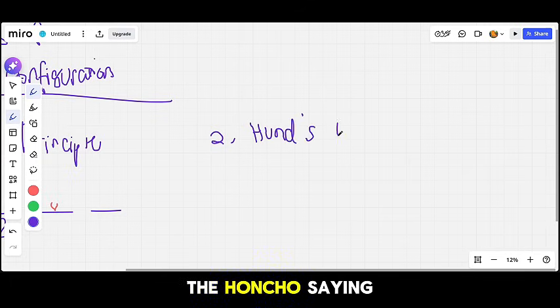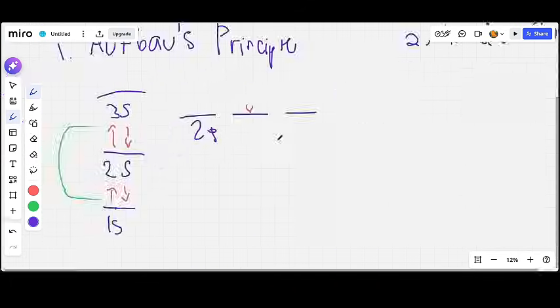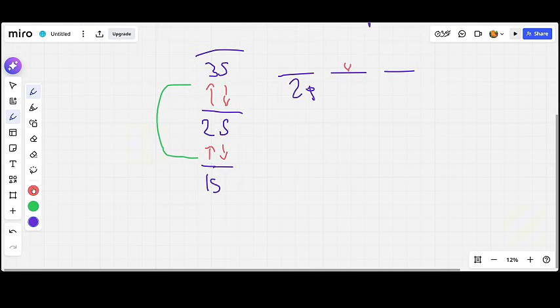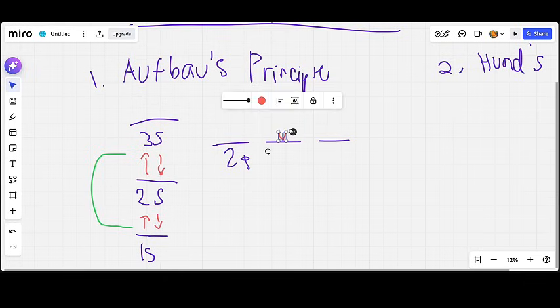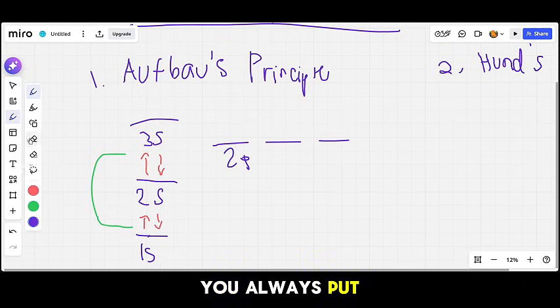So what is Hund's rule saying? If you have three parallel orbitals here, you need to put an up arrow first on each single one before you put a down arrow.